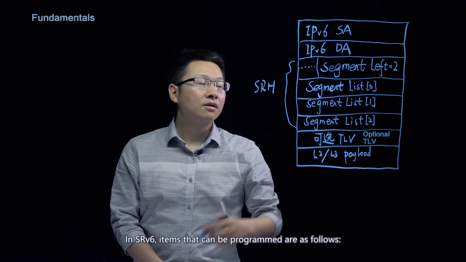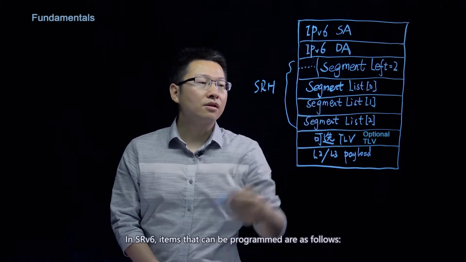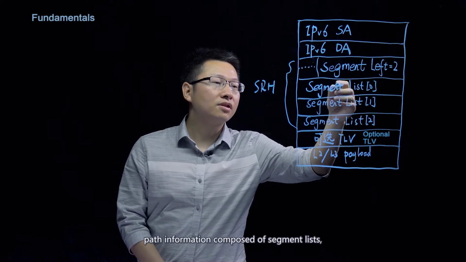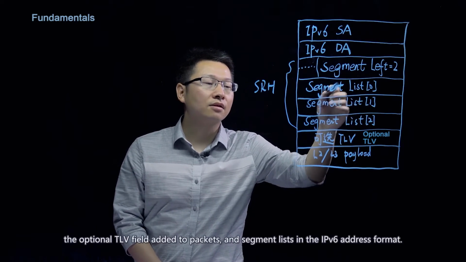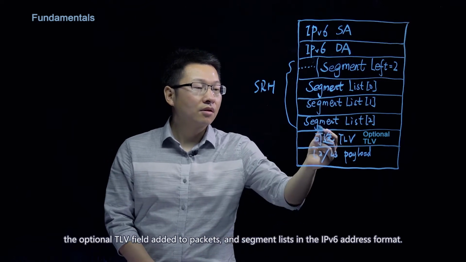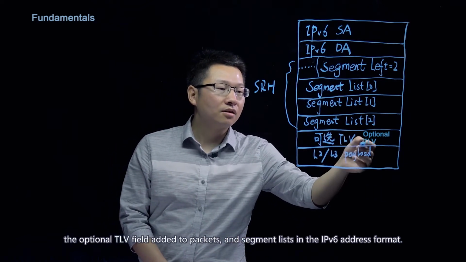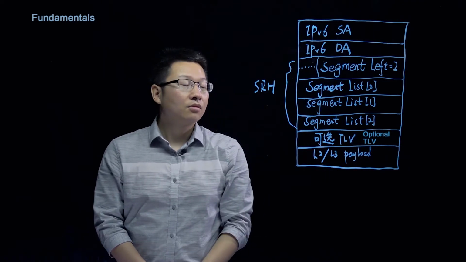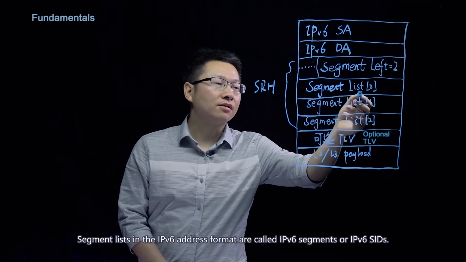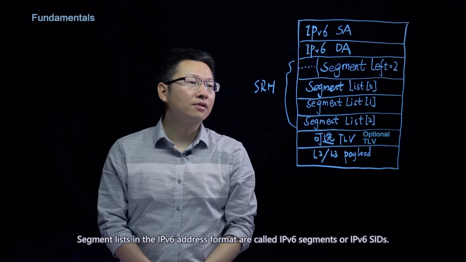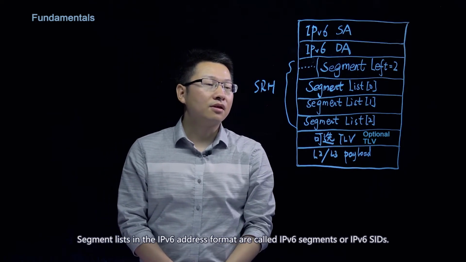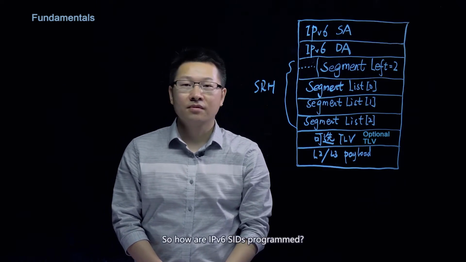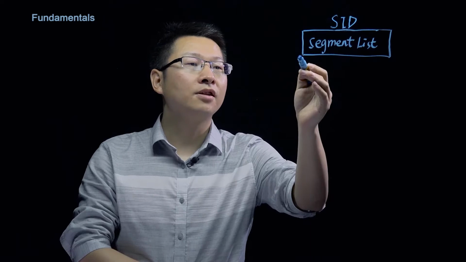In SRv6, items that can be programmed are as follows: path information composed of segment lists, the optional TLV fields added to packets, and segment lists in the IPv6 address format. Segment lists in the IPv6 address format are called IPv6 segments or IPv6 SIDs. So how are IPv6 SIDs programmed?